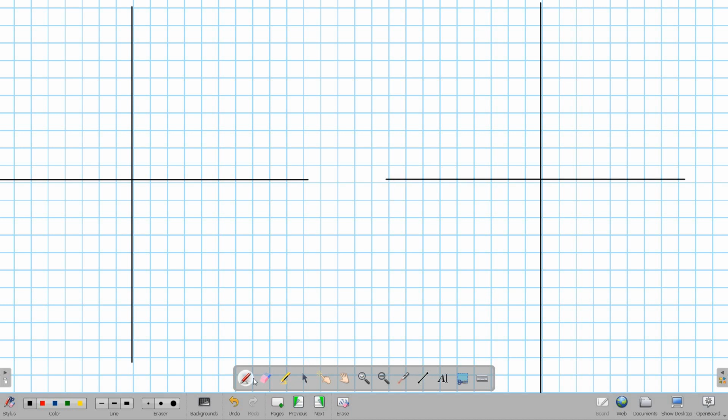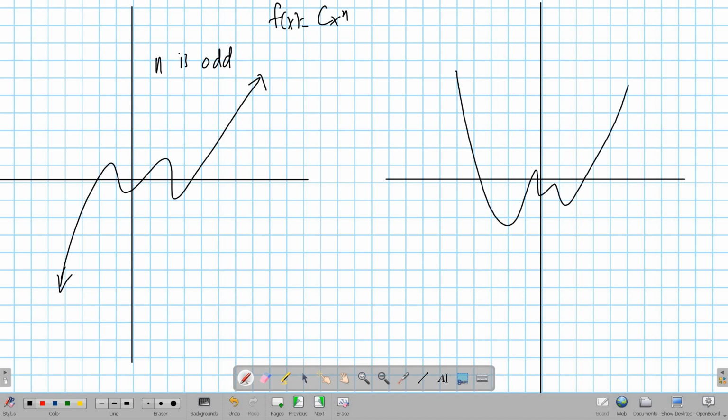Why? If we have the function f of x equal to cx raised to n, where c is positive, then most probably it will look like this if n is odd, and something like this if n is even.